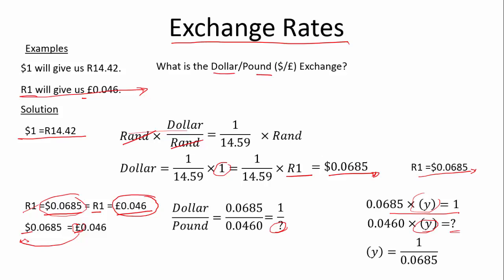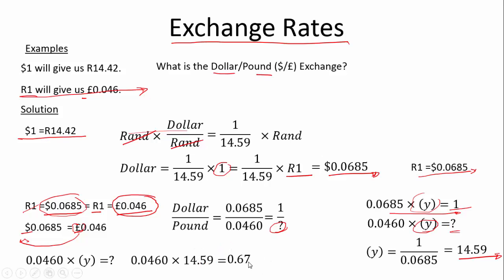We moved that over to here and made a 1 under that. And that is equal to 14.59, and you'll notice that is our rand dollar exchange. So then we go simply that times y. We know that y is 14.59, and that's 0.67. So we now know that $1 will give you 0.67 pounds.